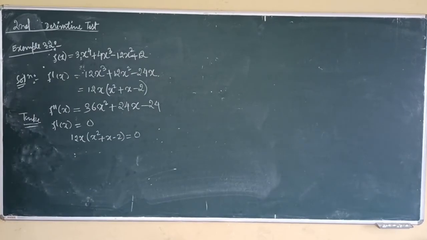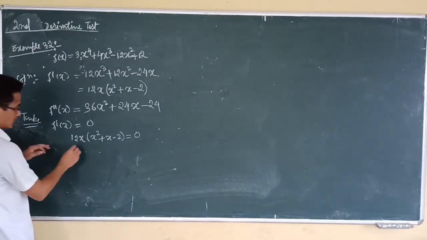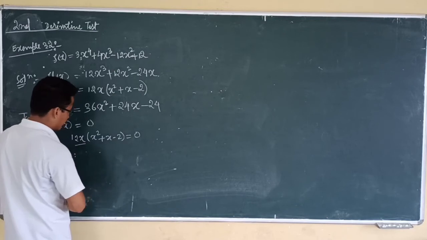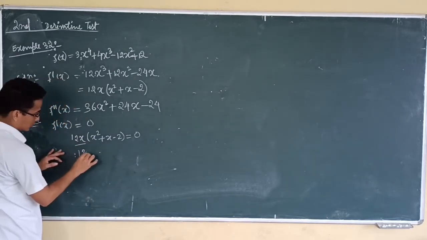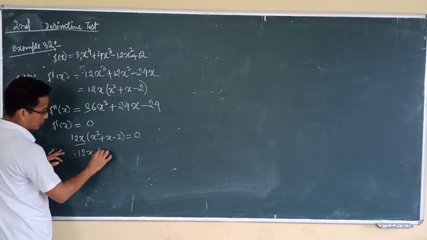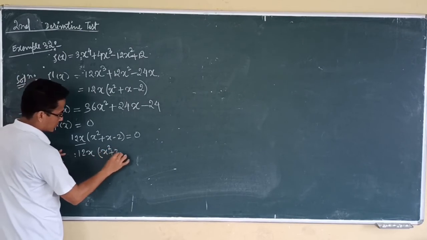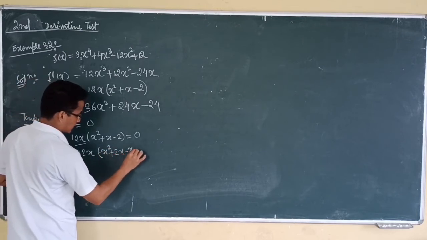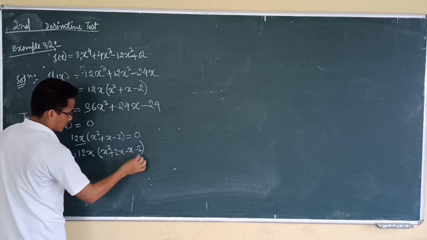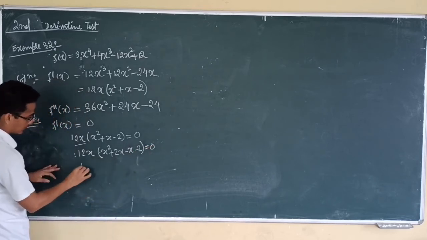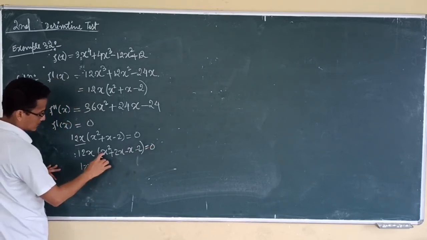That means either 12x equals 0 or x square plus x minus 2 equals 0. Solving this, x square plus 2x minus x minus 2 equals 0.